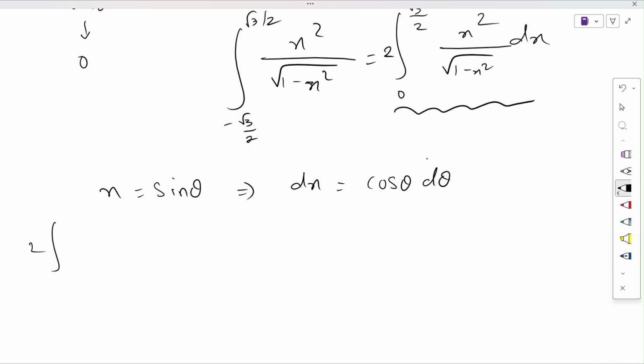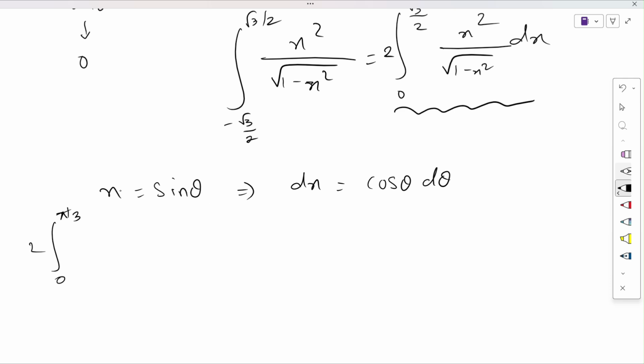Now I have to change the limits. If I put 0 in the place of x, I'll get sine theta as 0. And if I put root 3 by 2 in the place of x, I'll get theta as pi by 3, since sine 60 is equal to root 3 by 2.